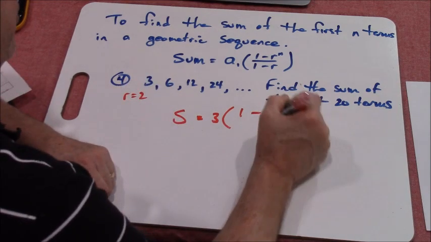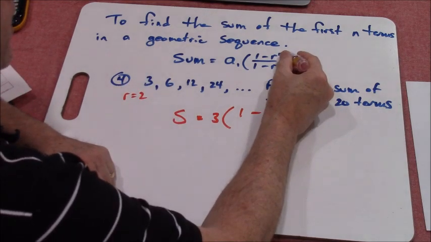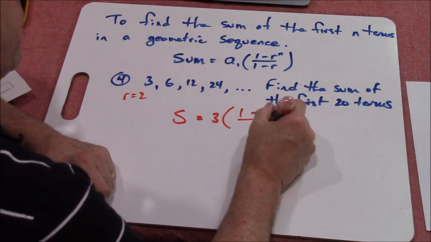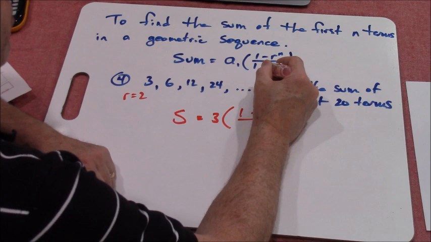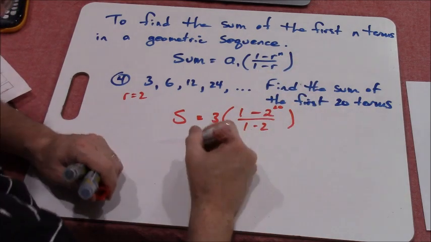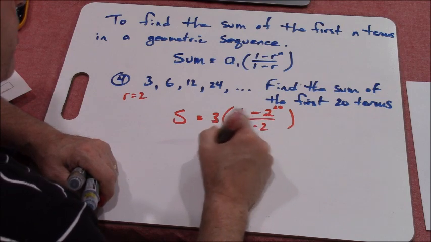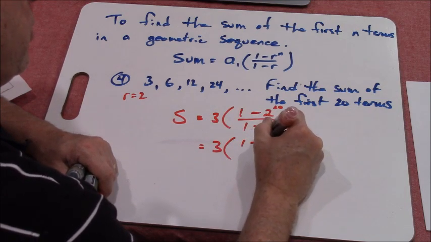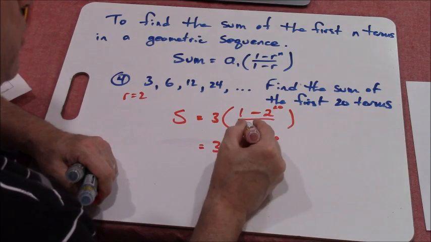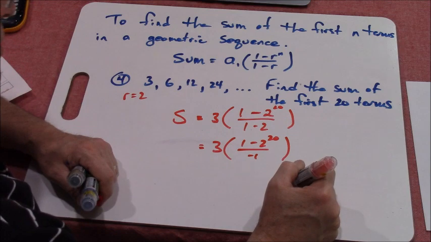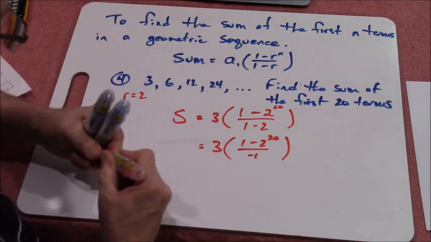So I've got 2 raised to the n power, which is the 20th power, over 1 minus 2. All right, so this would be 3 times 1 minus 2 to the 20th power, over 1 minus 2, that's just a negative 1. And so I just have to figure out what that is on the calculator.